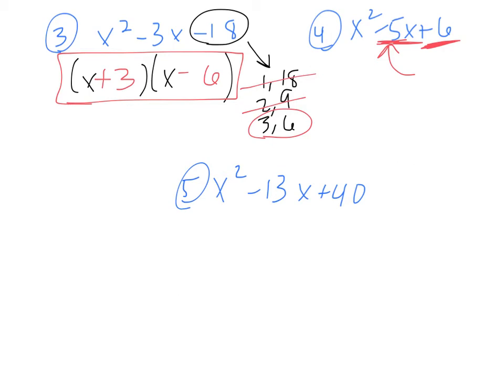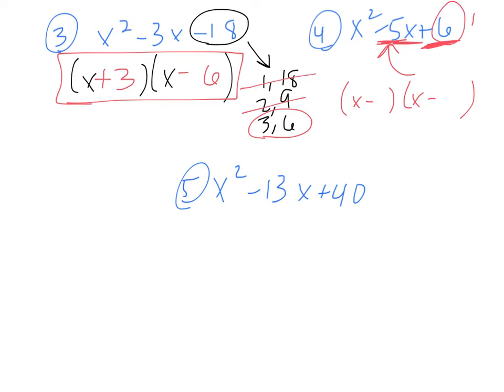A positive product, a negative sum. Think about that for a second. Positive product, a negative sum? That can only mean one thing. That both factors also need to be negative. So look at this one. Positive 6.